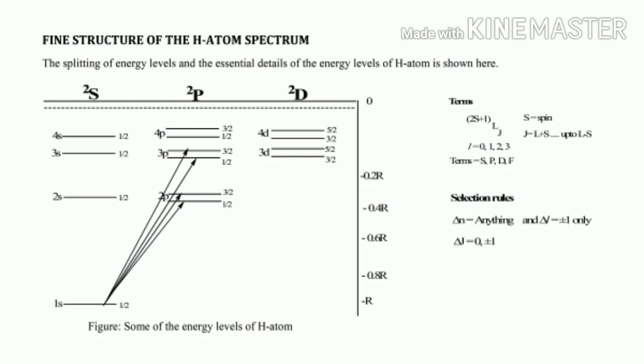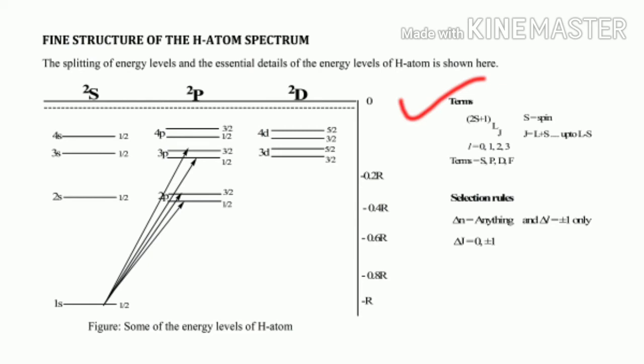This is the fine structure of the hydrogen atom spectra. Here the splitting of energy levels and the essential details of the energy levels of the hydrogen atom are shown. To discuss this, first let us see the terms arising from the different energy levels.